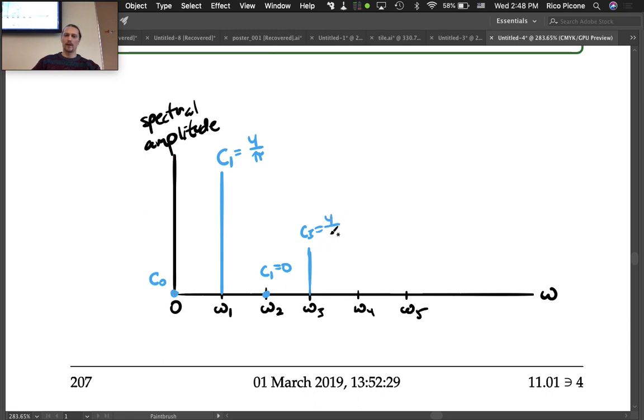Whoa. Omega 4 is 0, and omega 5 is C5 equals 4 over 5 pi, and then C6 would be 0, and you could just keep going.